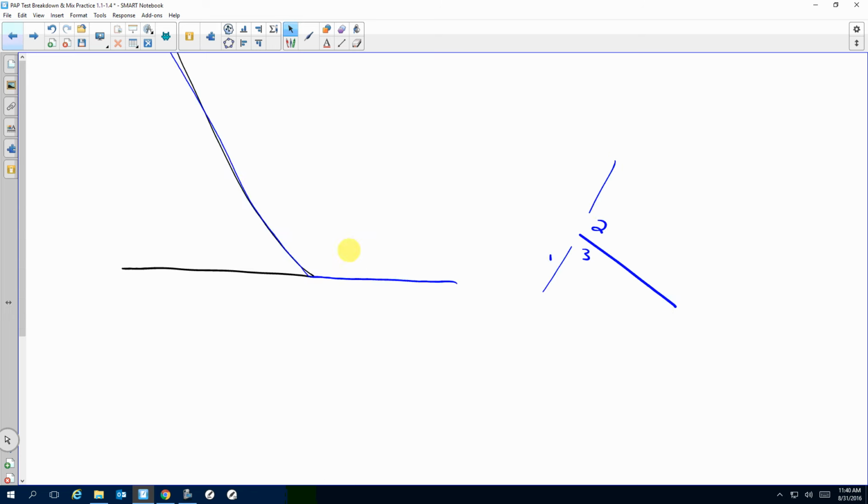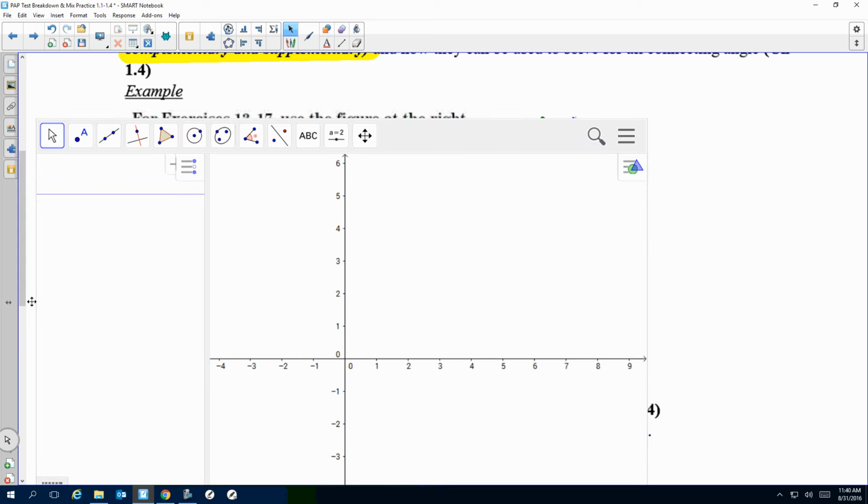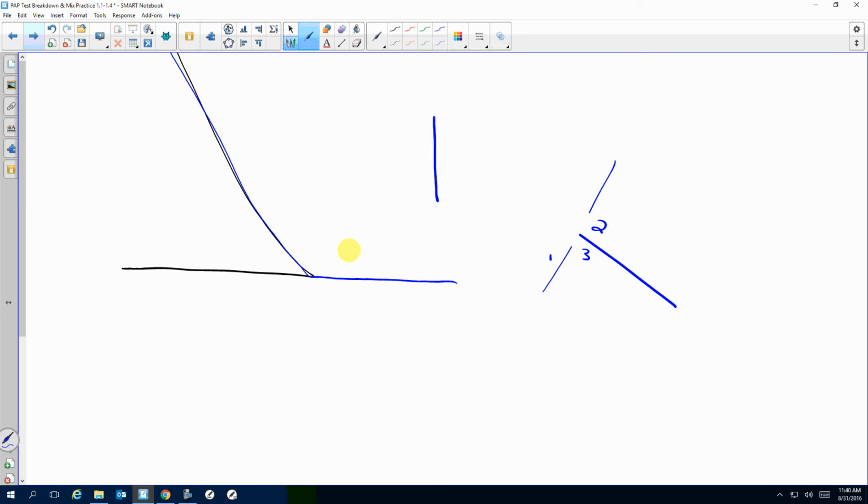Can I see it? Oh, so CBF, that symbol is perpendicular. The bell rings at 40, okay, we have 5 minutes.